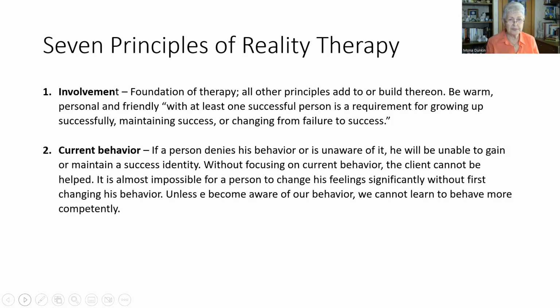The 7th principle is looking at our current behavior. If a person denies his behavior or is unaware of it, sometimes we're just not aware, he will be unable to gain or to maintain a success identity. Without focusing on current behavior, the client cannot be helped.